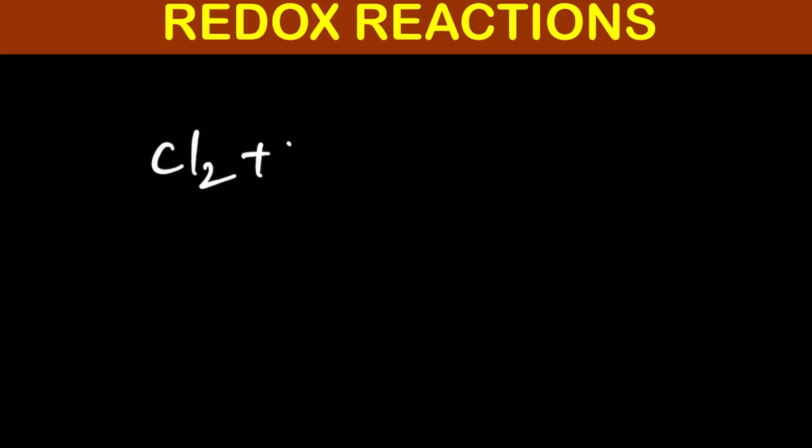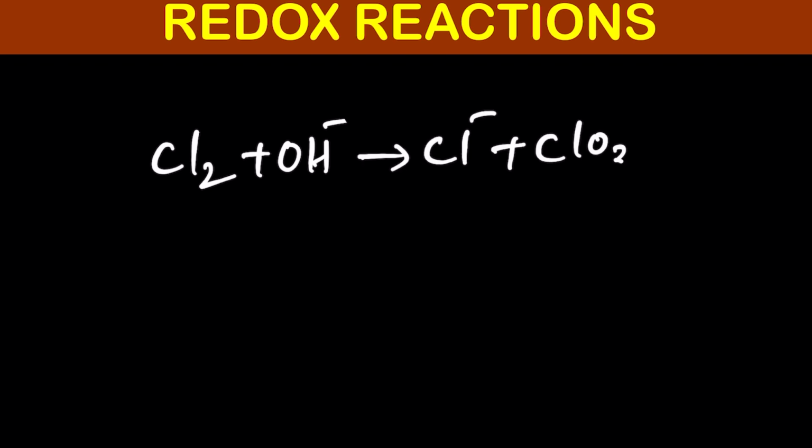Let us take one example of the disproportionation reaction in basic medium and understand the balancing of reaction in basic medium. The example that I take is Cl2 plus OH minus gives Cl minus plus ClO3 minus.